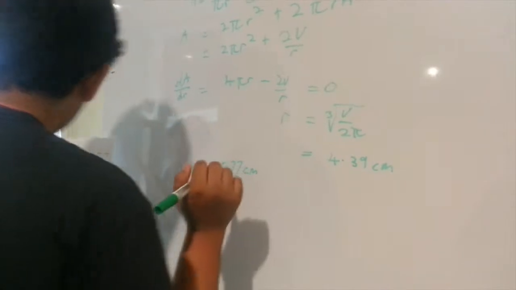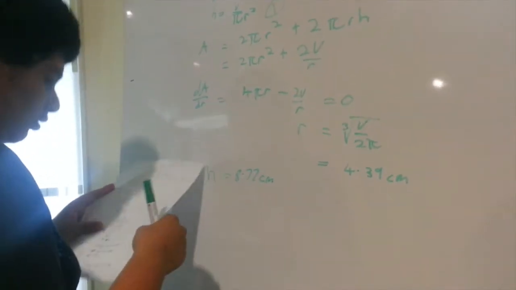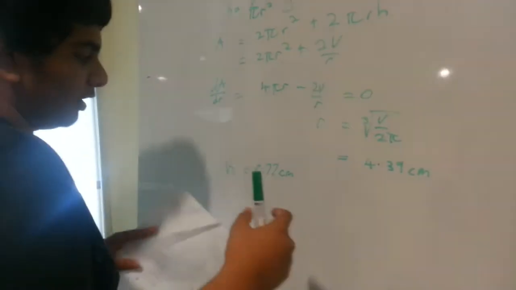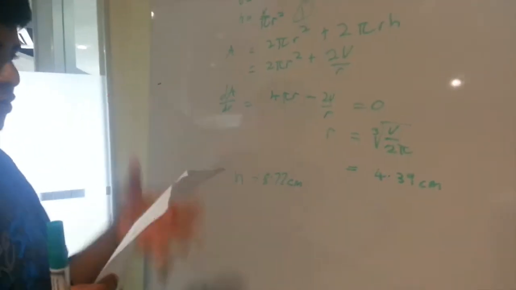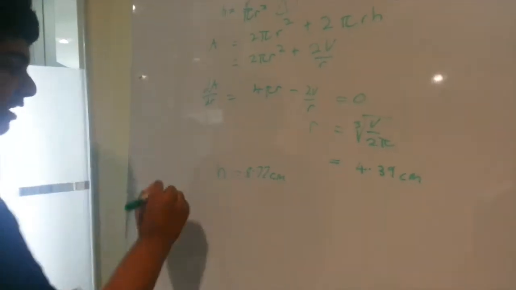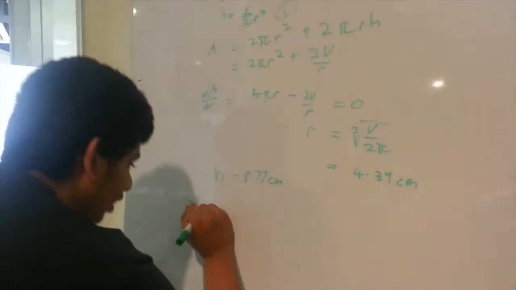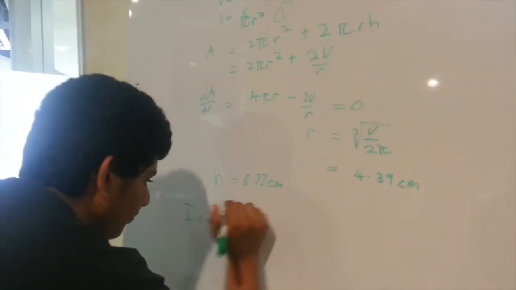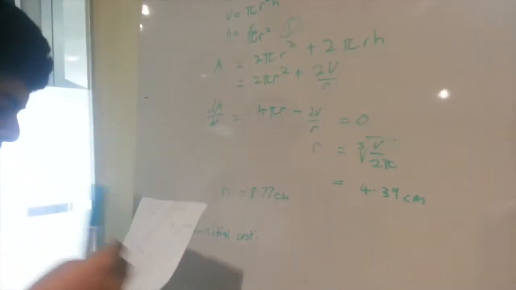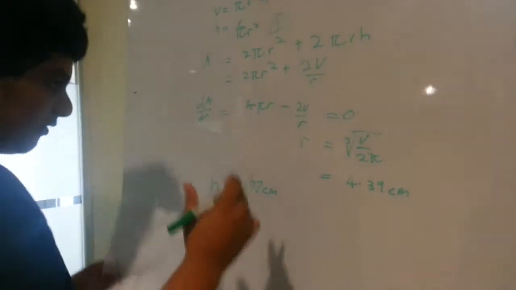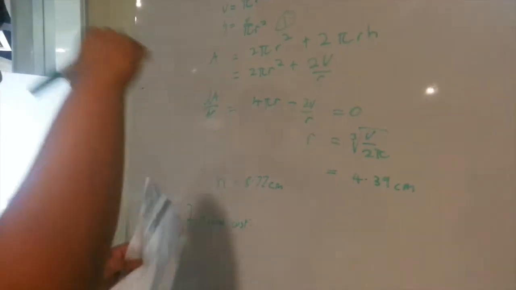8.77 cm. Now, to prove which one is more economical financially, we look at the initial cost. You have to calculate the surface area of the side of the cylinder and also the top and the bottom.